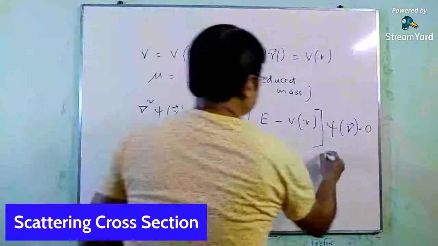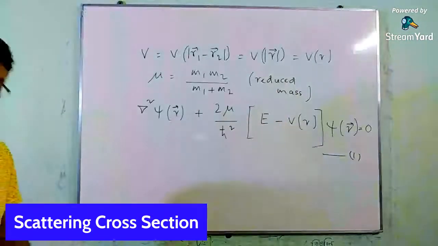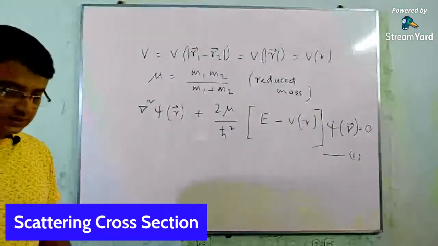So this is the time independent Schrodinger's equation, where capital E represents the energy in the center of mass system.